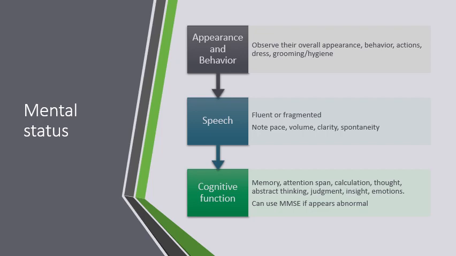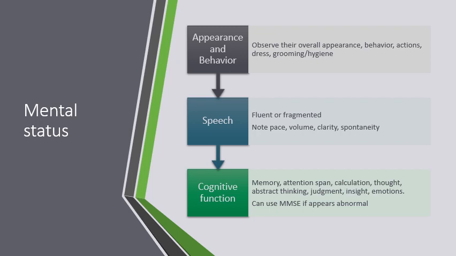Is their speech fluent or is it fragmented? The pace, the volume, the clarity, the spontaneity. We'll talk more about this in mental health as well, but fast-paced, rapid, pressured speech is a sign of mania, versus very slow, quiet, dull, flat speech would be a sign of depression or a very flat affect.